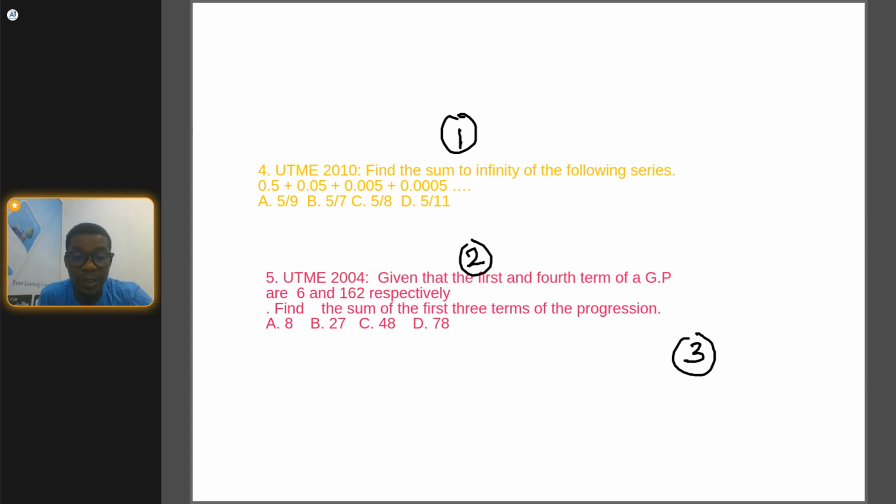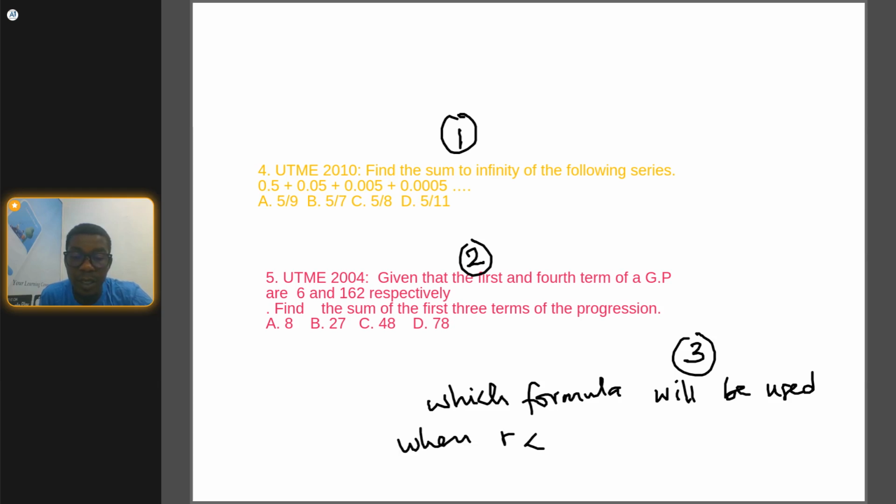Question number 3 is, which formula are we going to use when r is less than 1, when solving for the sum of a GP?